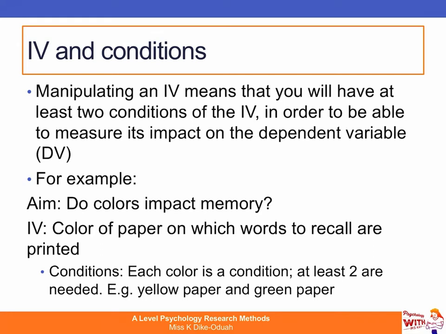So if we just left it at, I just want to see whether yellow paper versus green paper affects recall, you haven't specified how you intend to measure recall. And it's where I gave the additional example of, okay, give them a list of 10 words to remember and they get a score out of 10. That is operationalizing the dependent variable.